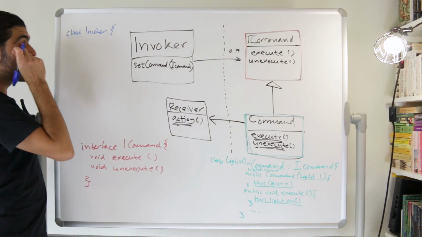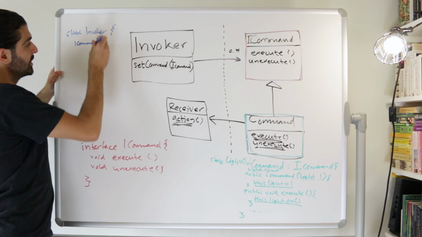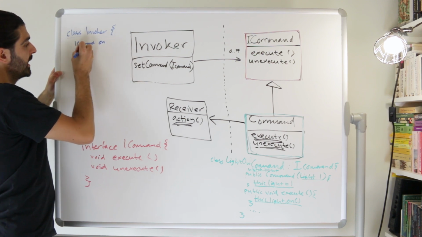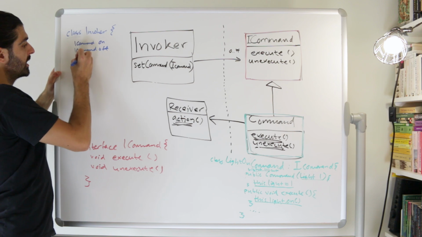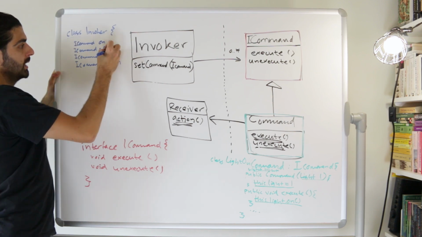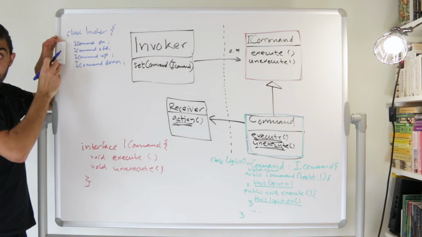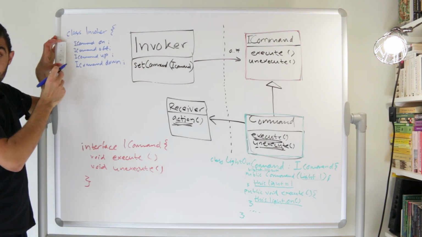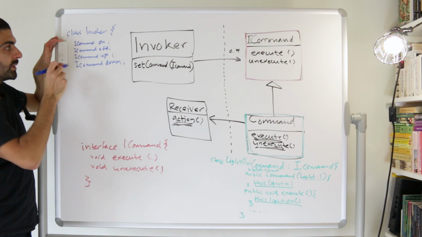So we have an ICommand, and let me just use a shorter name, ICommand on, and we have ICommand off, and we have ICommand up, and ICommand down. And these are instance variables. I should have expressed this in the same order as the buttons on this device for simplicity, but we now express them this way.